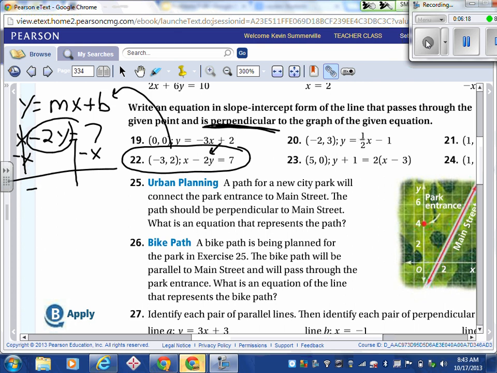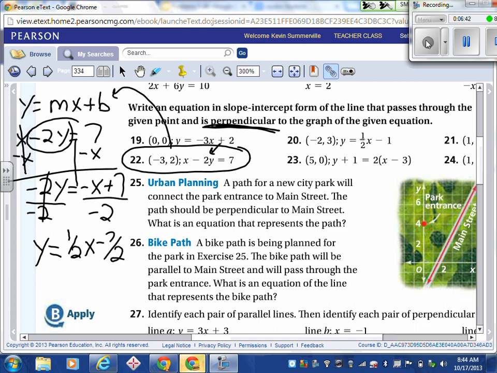Those cancel. I get negative 2y equals negative x plus 7. Now I need to divide both sides by negative 2. Those cancel, and I get y equals negative x over negative 2, which is a positive 1/2 x, and then 7 over negative 2 is 7/2. So now I have my equation in slope-intercept form.